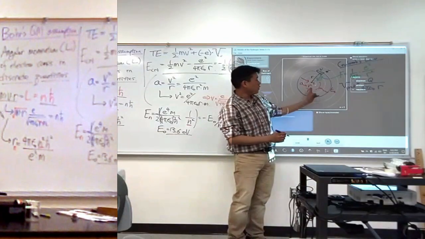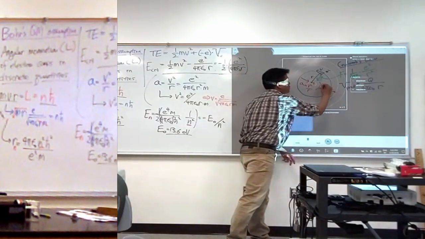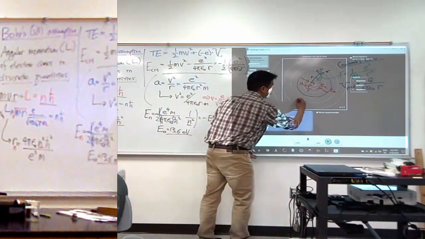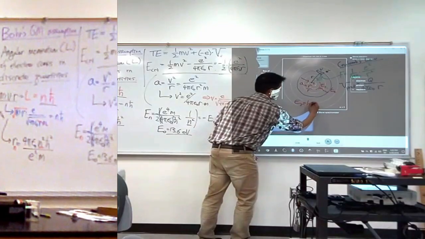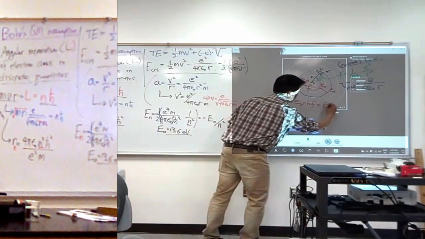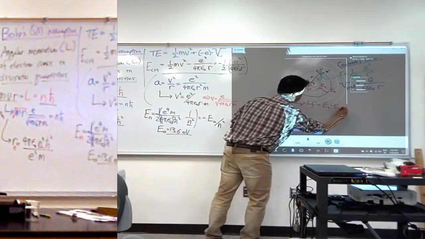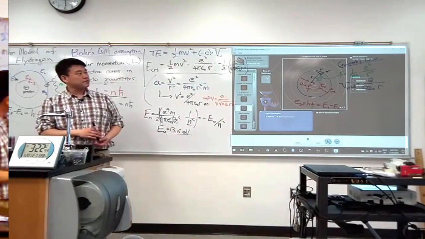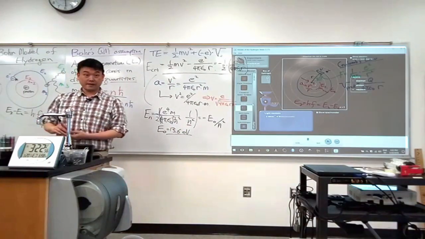So if it's going from the 4th orbit to the 2nd orbit, you would say that the energy of the photon, or h times frequency, is coming from this difference in energy, E4 minus E2. And when you work out the numbers for this, you should get that cyan wavelength.